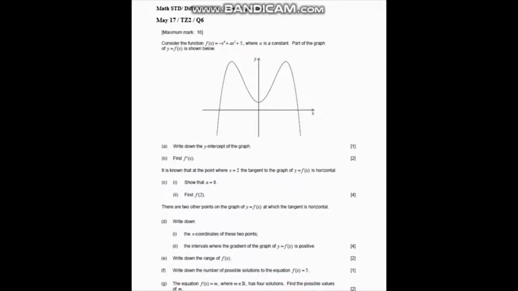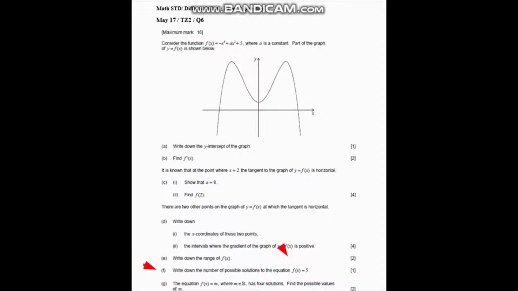Next, I'm told to write down the number of possible solutions to the equation f of x equals 5. So f of x equals 5 is an equation where two different functions are equated. Hence, the number of solutions to the equation has to do with the number of intersection points between the two graphs.